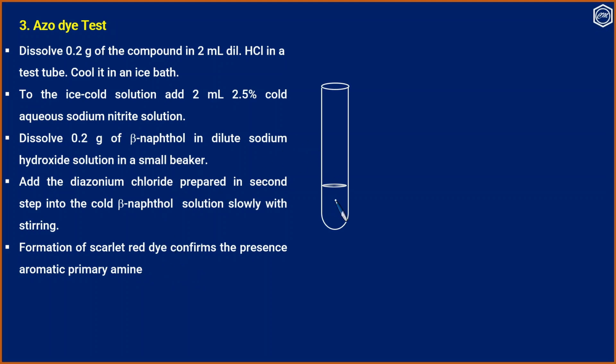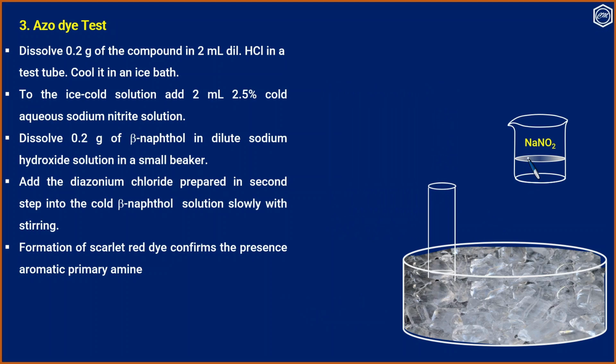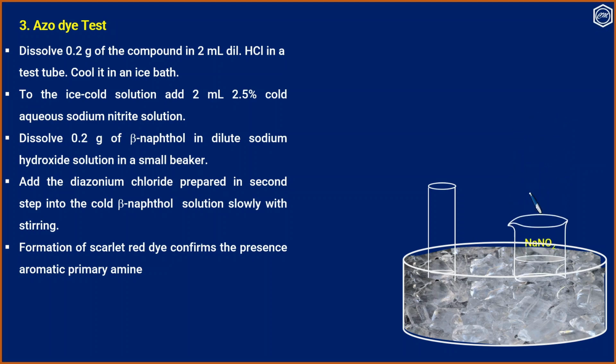So we dissolve the organic compound in 2 ml of dilute HCl. Now we place it in an ice bath. Now we prepare a 2.5% cold aqueous sodium nitrite solution. So we keep the sodium nitrite also in the ice bath. Now we add sodium nitrite solution drop by drop to the test tube.